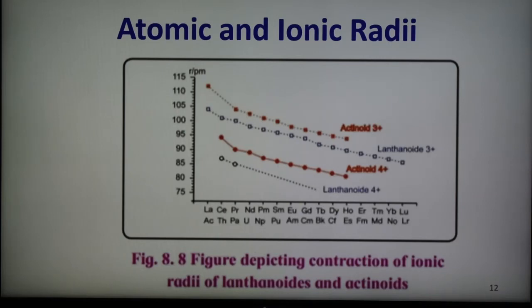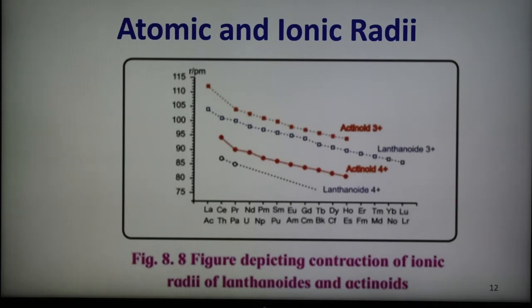Similarly, the shape of the orbitals is such that one electron of a 4f orbital cannot screen another electron of another shell from the pulling force of the nuclear charge, and therefore both electrons experience increasing nuclear charge and ionic size decreases. So with the increasing atomic number and nuclear charge, the effective nuclear charge experienced by the 4f electrons increases. This increase in the inward pull of the 4f electrons results in the reduction of the size of the atom or ion.